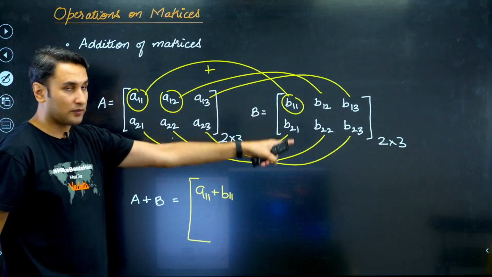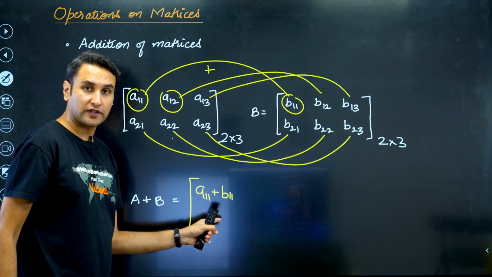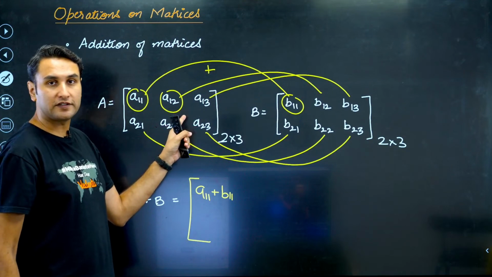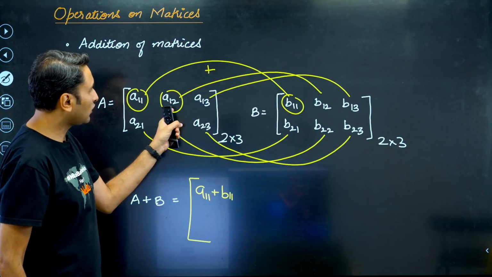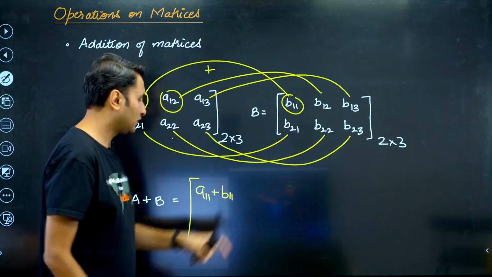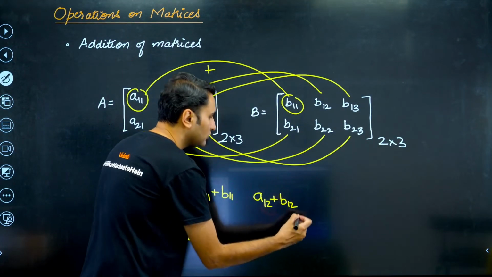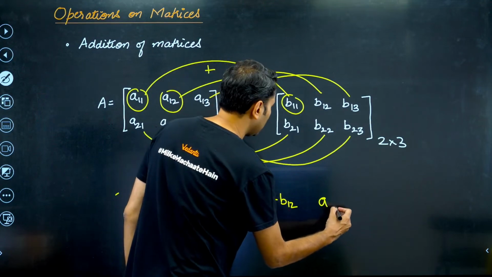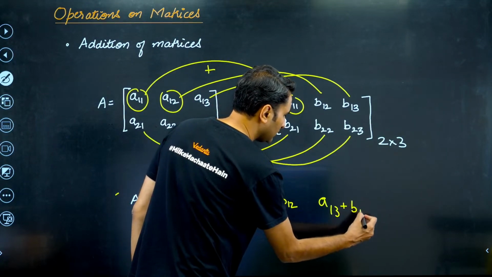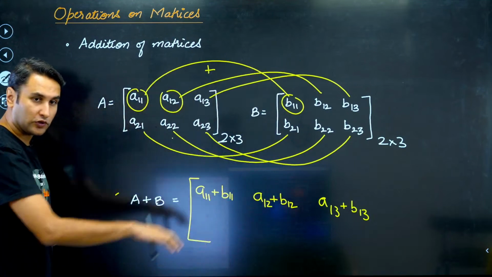First row, second column of the addition matrix is the addition of the elements in first row, second column, that is a12 plus b12. Then similarly a13 plus b13. And then let's talk about the second row.